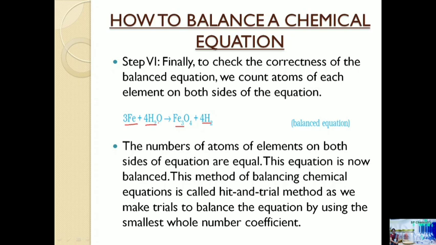And in 4H2O, 4 oxygen atoms are there, and in Fe3O4, 4 oxygen atoms are there. Now this equation is a balanced chemical equation, and this method of balancing is known as hit and trial method. Why? Because we make some trials to balance the equation by multiplying by some smallest whole number coefficient. That is why this method of balancing is known as hit and trial method.